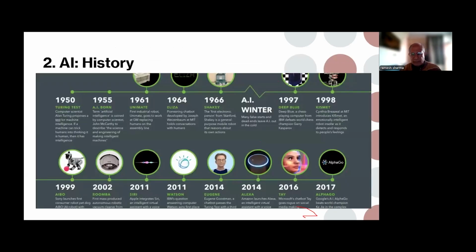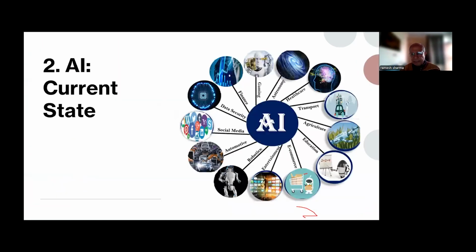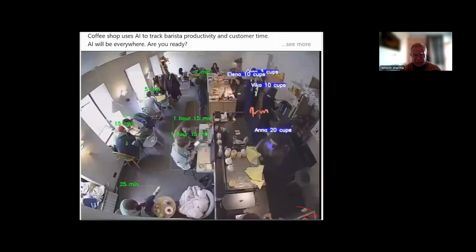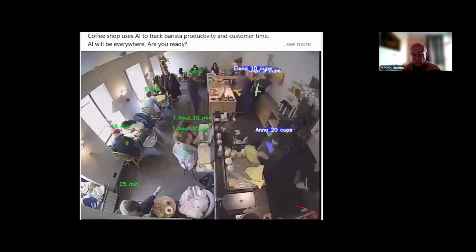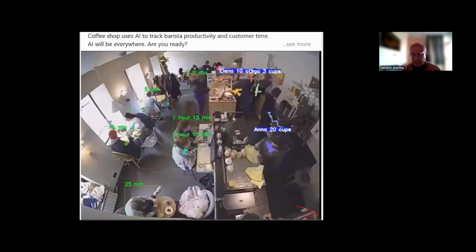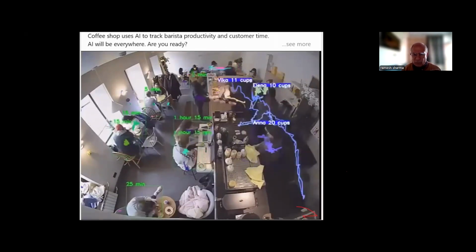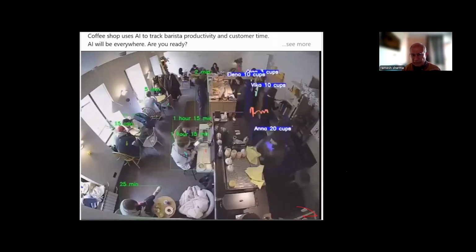So these are some of the developments in the field of AI, and how it is impacting all sectors. This is how it checks the productivity. You can see that AI is analyzing both the customers as well as the staff, their productivity, who is consuming how much time and working on that.